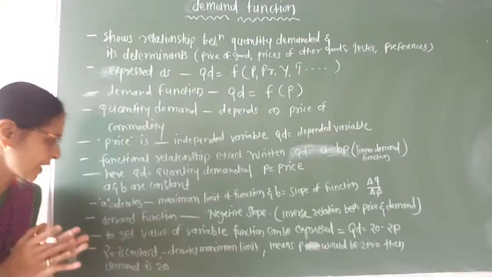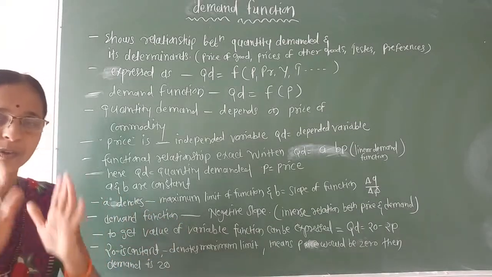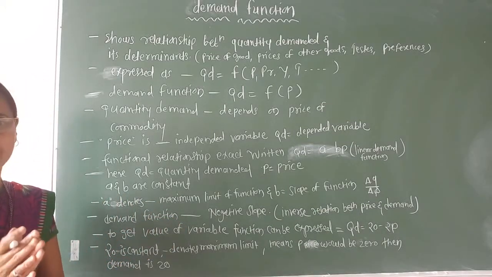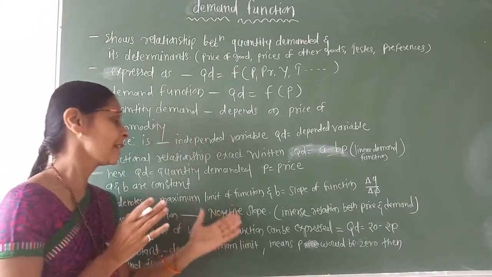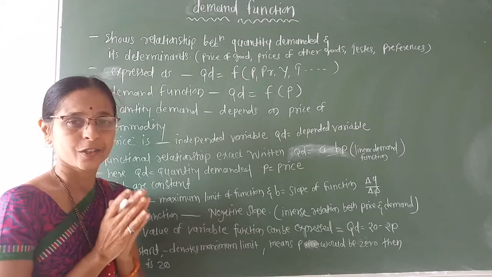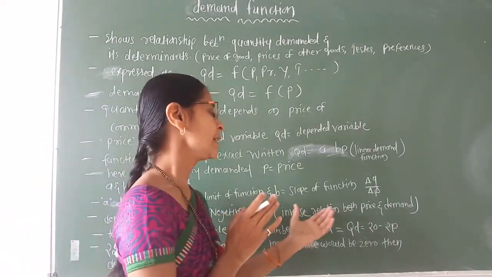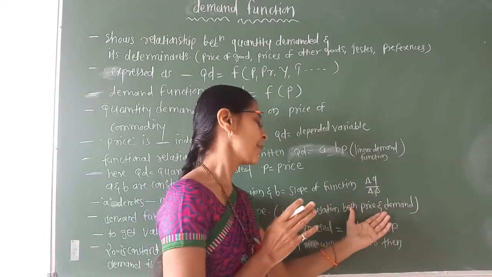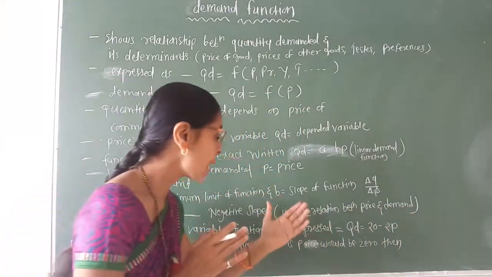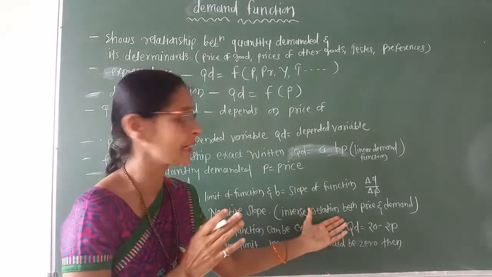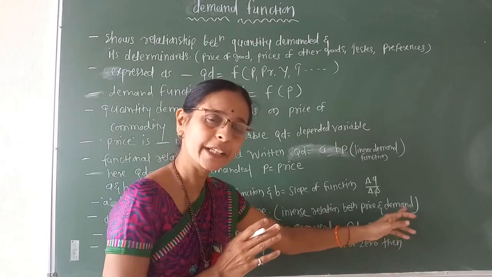All of you know the demand function always has a negative slope. Why? Students, because there is an inverse relationship between the price and the demand, an opposite relationship between the price of the commodity and the quantity demanded.